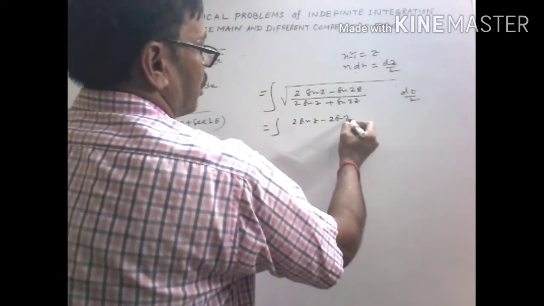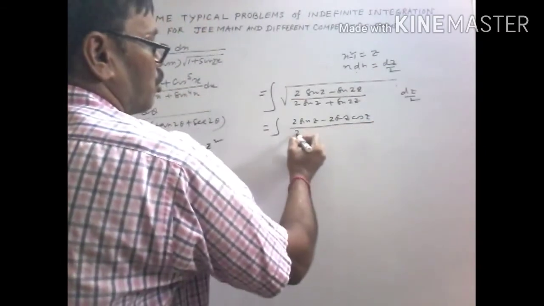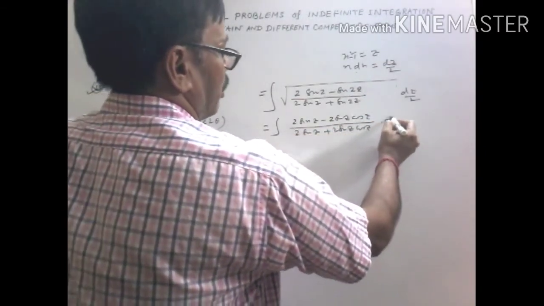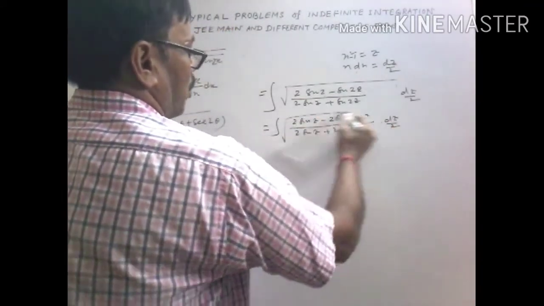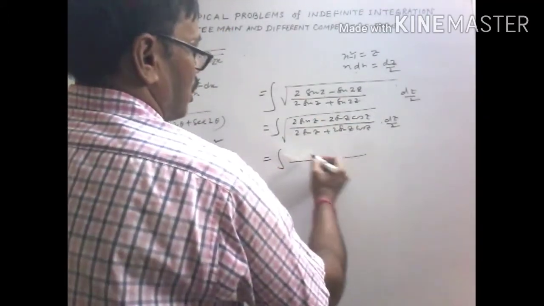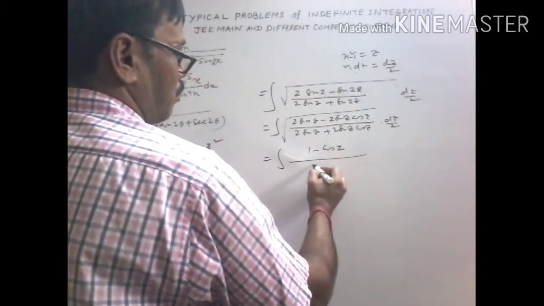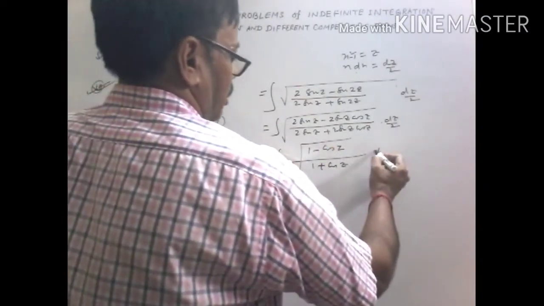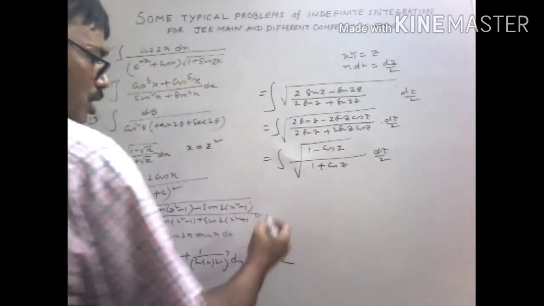Now this one is simple. So 2 sin z, 2 sin z cos z, into dz by 2. Now you can easily integrate it. 2 sin z cancels: 1 minus cos z by 1 plus cos z, dz by 2.